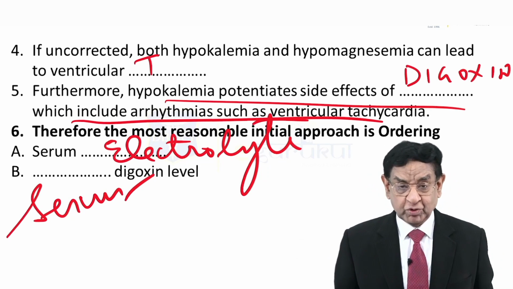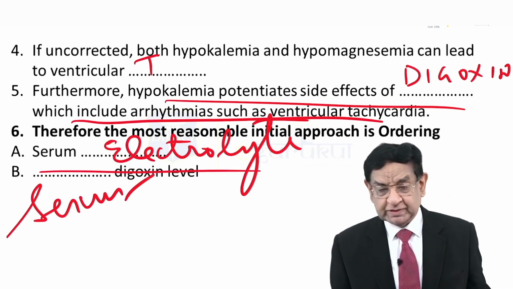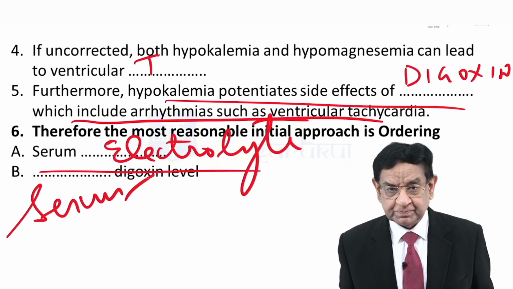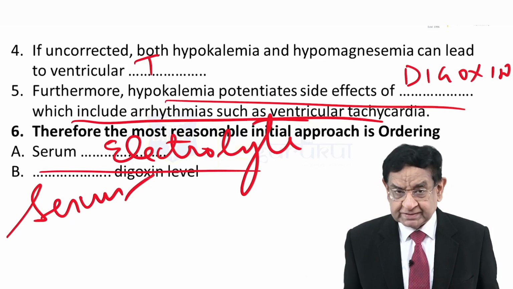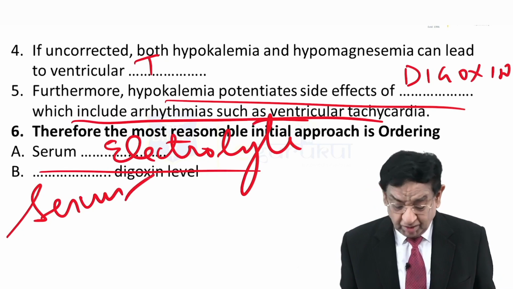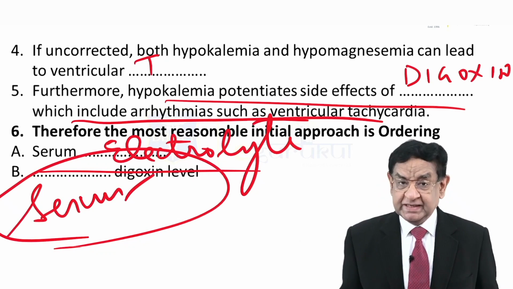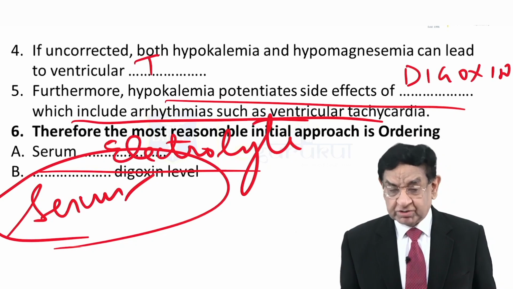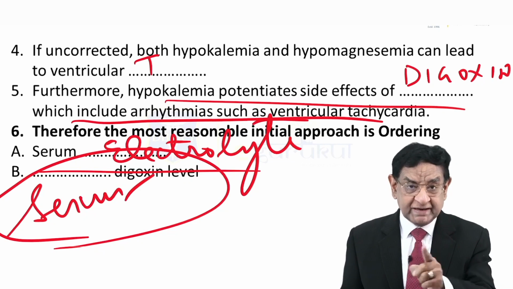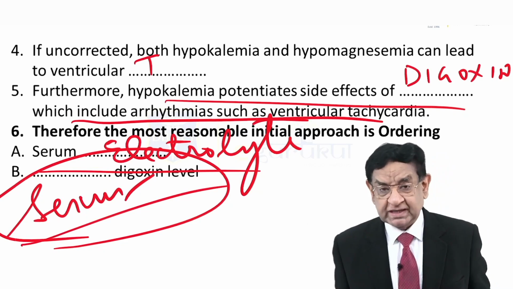Now I have one more question for you. If electrolyte imbalance is there, we do the correction. Slowly we give potassium and magnesium also. But my question is, suppose the electrolyte levels are normal and the serum digoxin level is increased. That means it is digoxin toxicity which is causing these arrhythmias. Now, what shall be your line of management if the digoxin level is high?